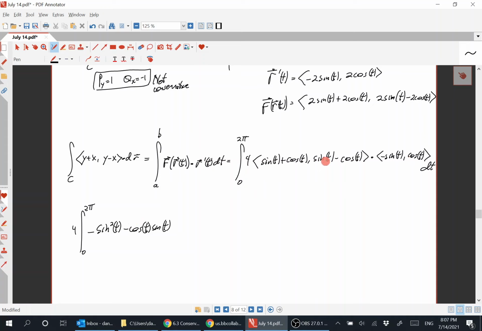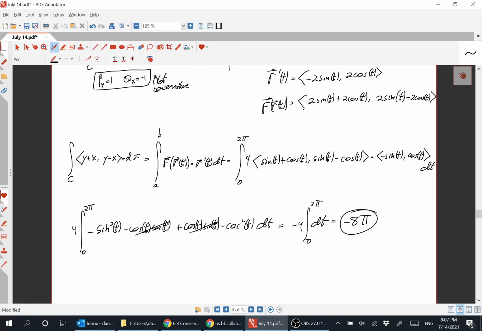And then multiply this by cosine, so it's plus cosine t sine t minus cosine squared t dt. So those cancel, and this just becomes minus 1. All right, minus 4 dt, so it's just 2 pi times minus 4. So minus 8 pi.